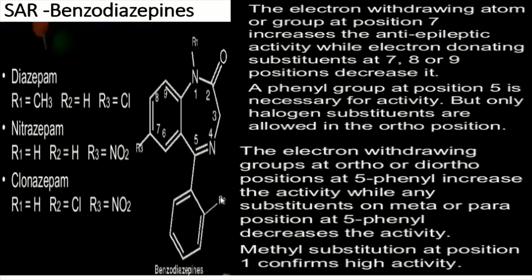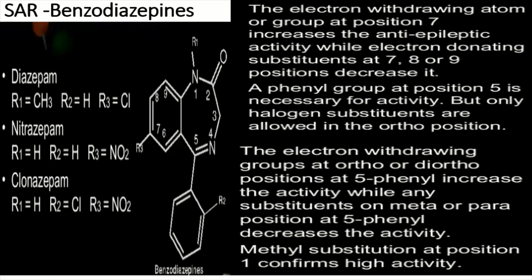In this phenyl ring, when there is a substitution in this R2 position, that is the ortho position, right? When there is some ortho substitution like halogen atoms, the activity will be increased. The electron withdrawing group at the ortho or diortho position of the 5-phenyl will increase the activity.